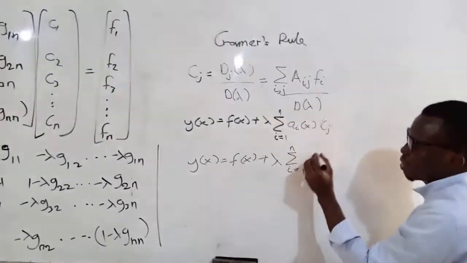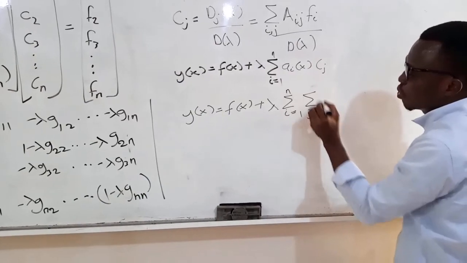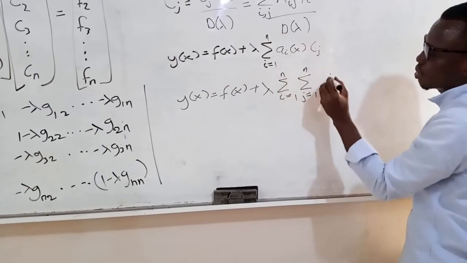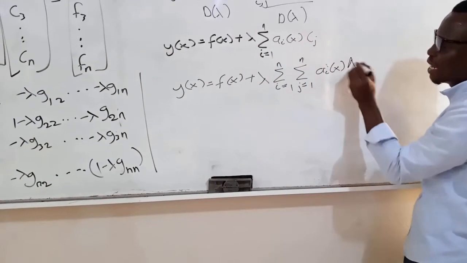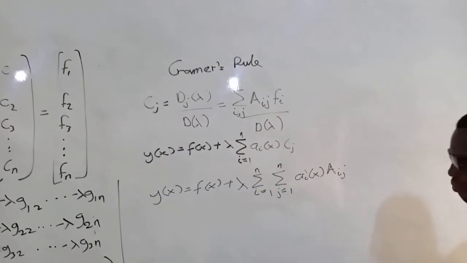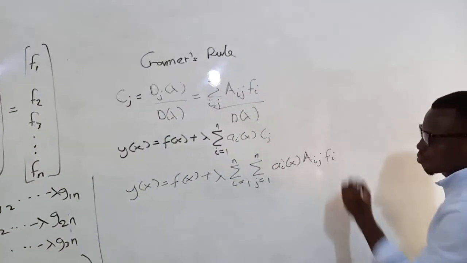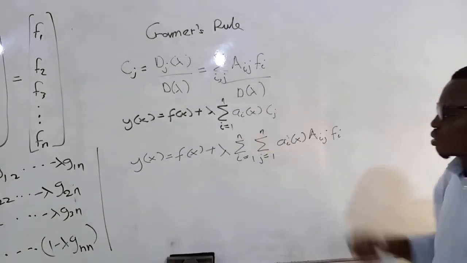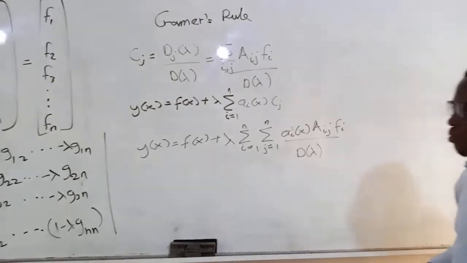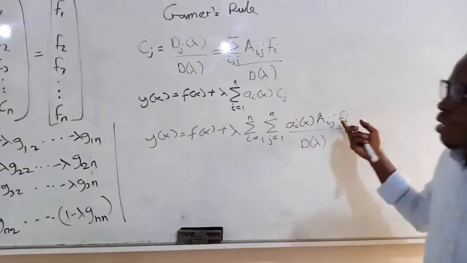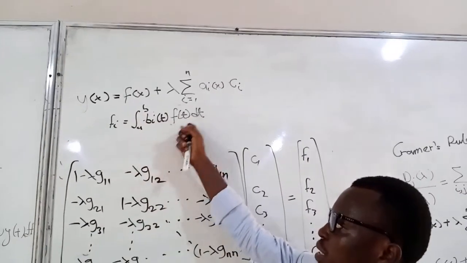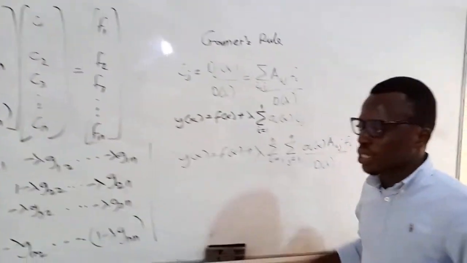Since I'm making this one here, let's add another summation, j equal to 1 to n, of ai of s, then aij, then fi divided by d of lambda. And we said that the fi is the same as the integral from a to b of bi of t, f of t. So let's substitute this into this equation.